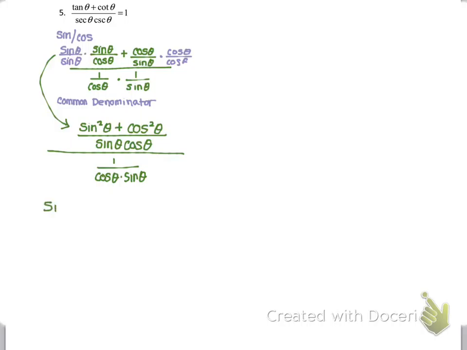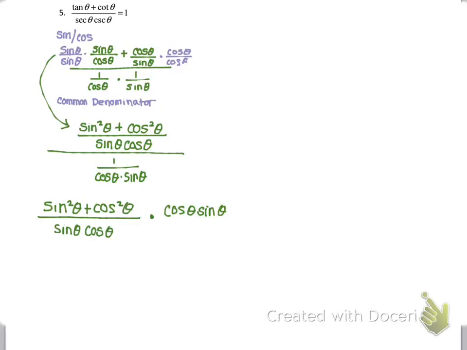So I'm going to write it as sine squared theta plus cosine squared theta all over sine times cosine. But now it's multiplying by the reciprocal, so times cosine times sine.